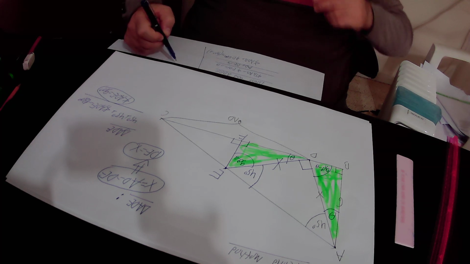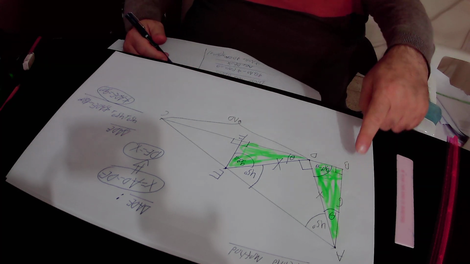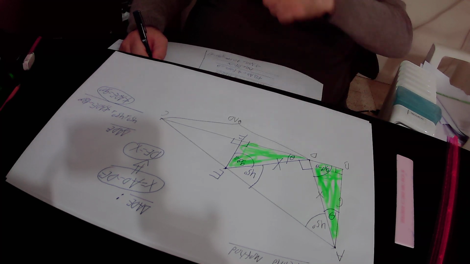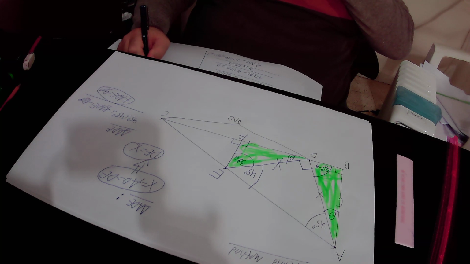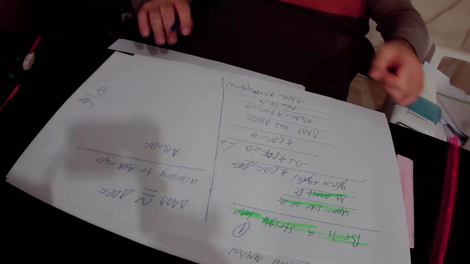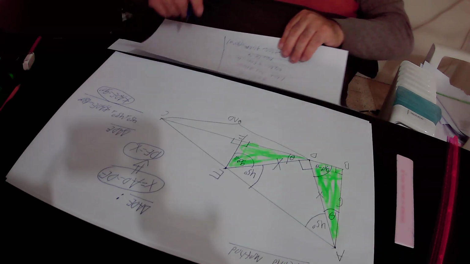Okay, from the fact that those two right triangles are congruent to each other, we conclude that AB equals DF, according to the rule that corresponding sides in congruent triangles are equal to each other.